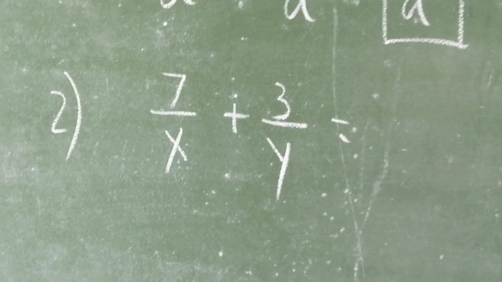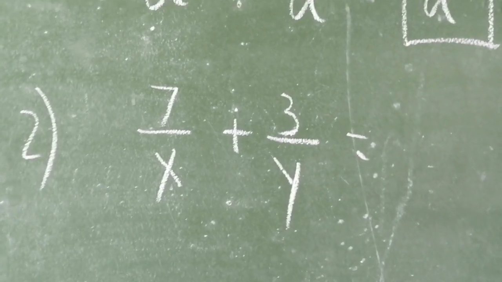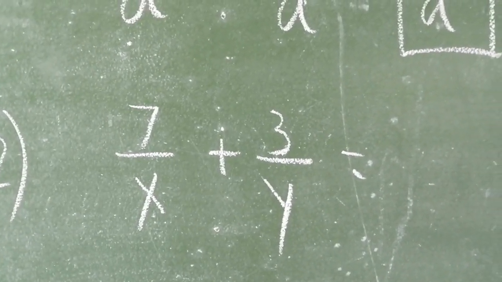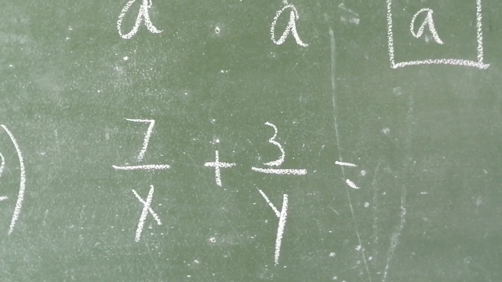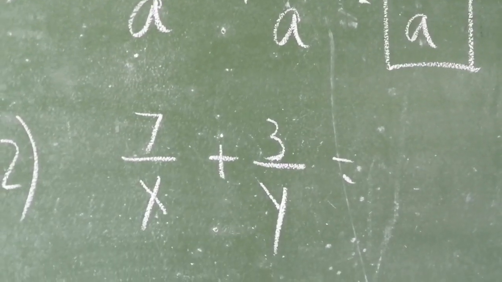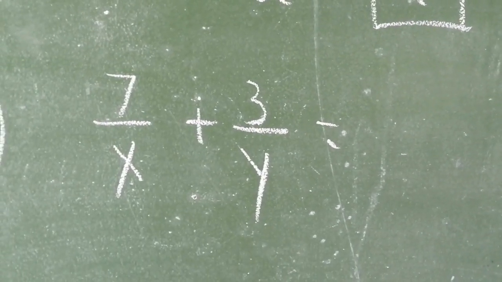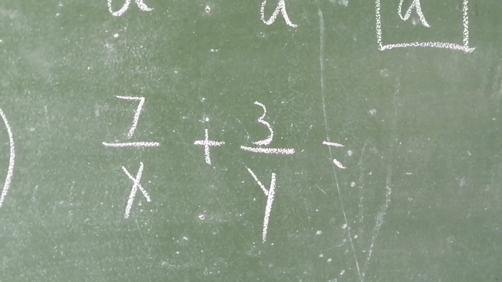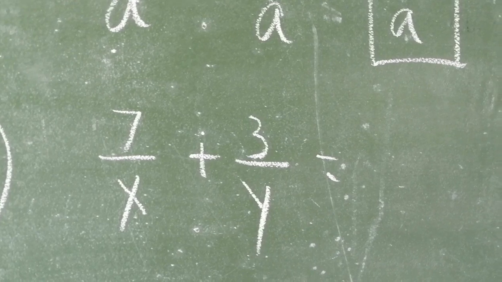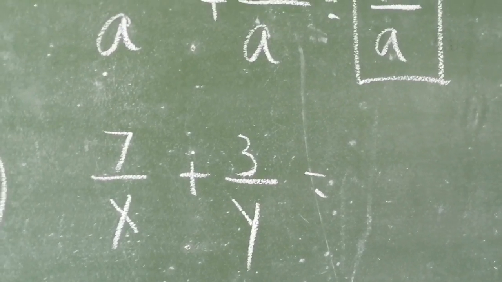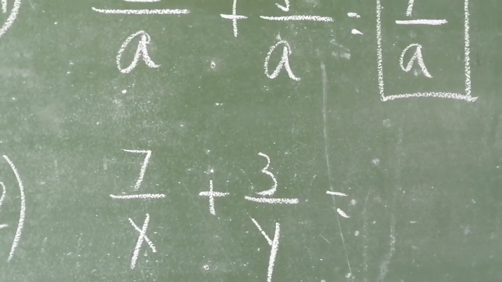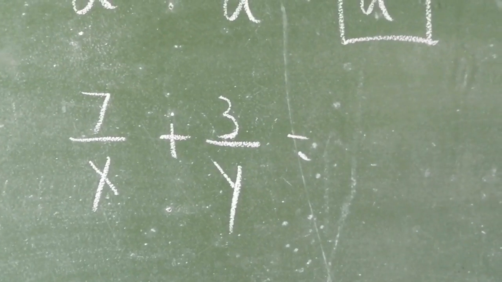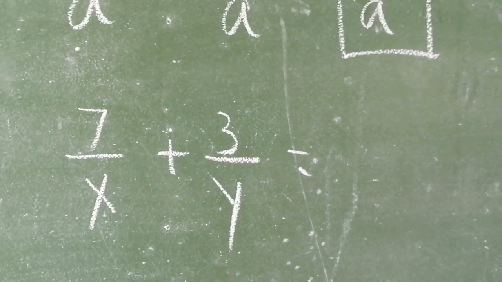Now, shall we do number 2? Now 7 over x plus 3 over y. This time, see the denominators, they are different, x and y. So in this case, you have to have the LCD, the least common denominator.